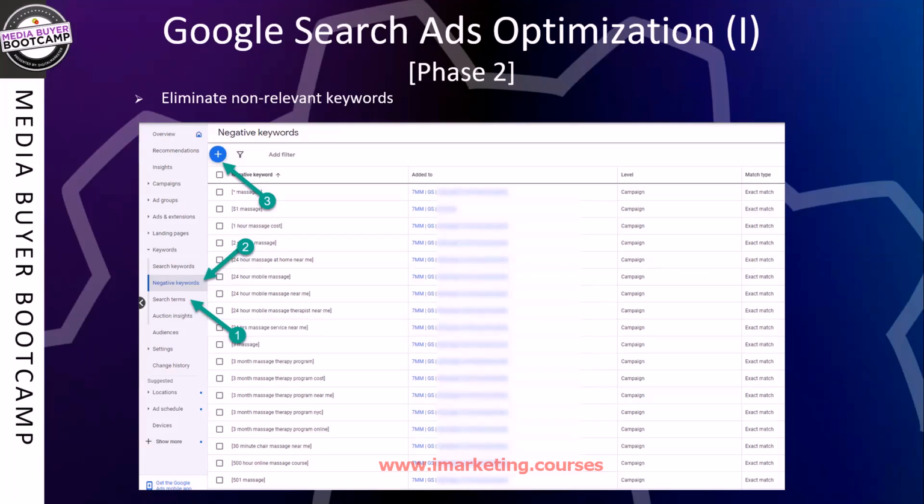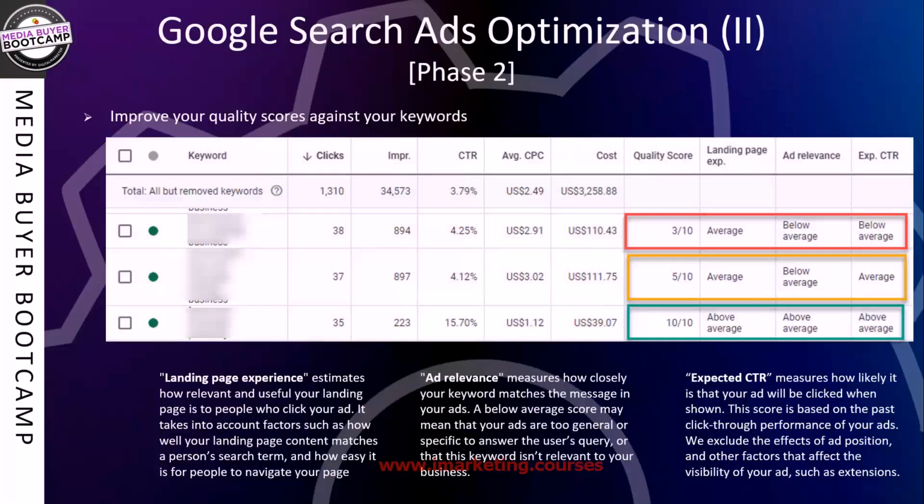You'll find that this becomes a little less frequent, particularly after something like 6 months. It depends on the niche you're in. So the first thing you're going to have to do is eliminate your non-relevant keywords. The second big optimization that you're going to do during the first 30 days is improving your quality scores.